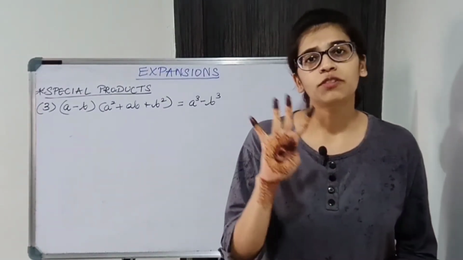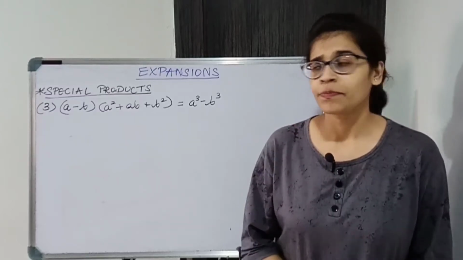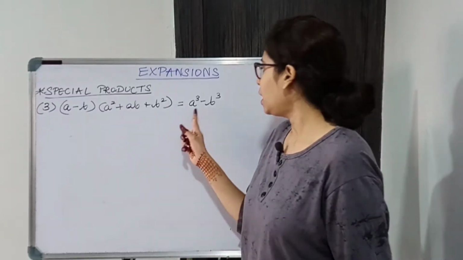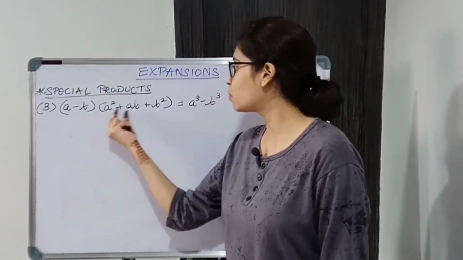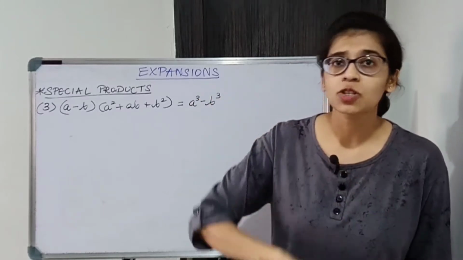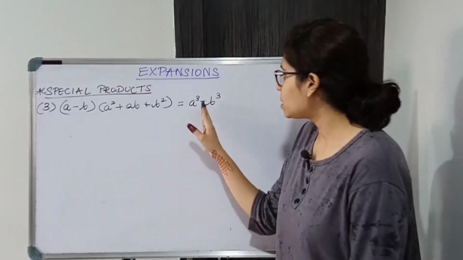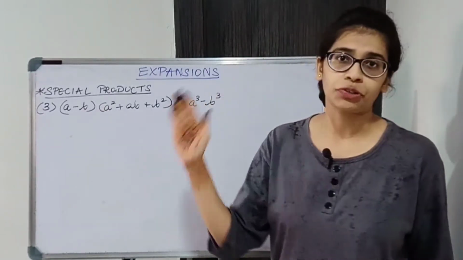There are a total of 4 products, and a³ + b³ and a³ - b³ are among them. Now a³ - b³ in short is equal to (a - b)(a² + ab + b²). You can see the terms are the same, only the signs are changing. So when there is a³ - b³, the first bracket is negative and all the rest of the terms are positive.